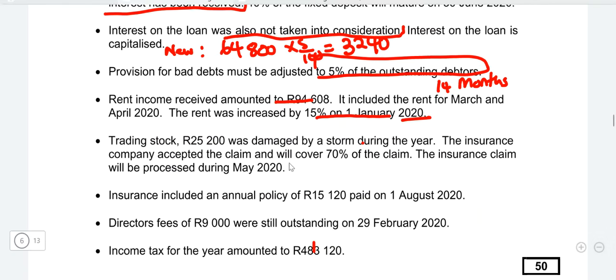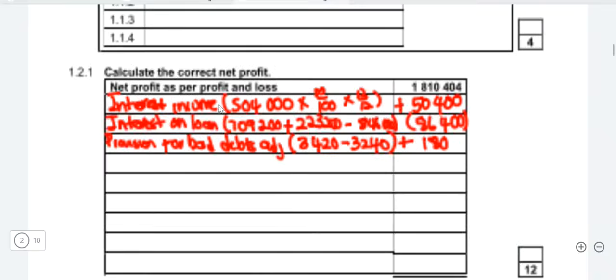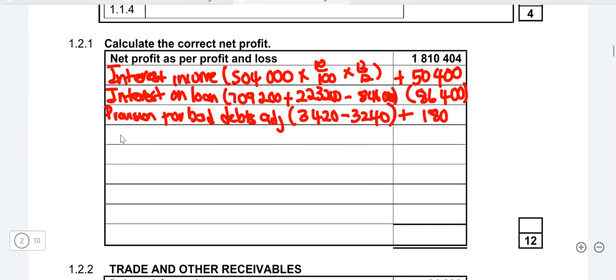Okay, but we need to show our workings, so we're going to say rent income, and you show that you said 230 divide by 1,460 and then multiply by 94,608.